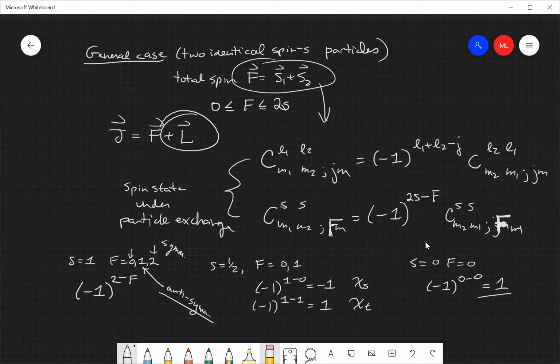It could also be anti-symmetric. And the same thing for fermions. You can have either symmetric or anti-symmetric spatial wave functions. It depends on the spin state, because it's the total wave function, spin plus the spatial part, that has to be either symmetric or anti-symmetric. So that's the important thing.